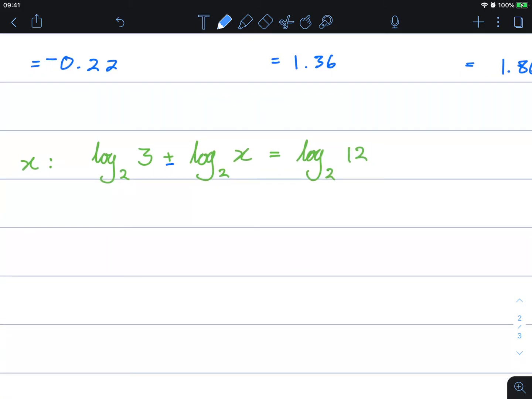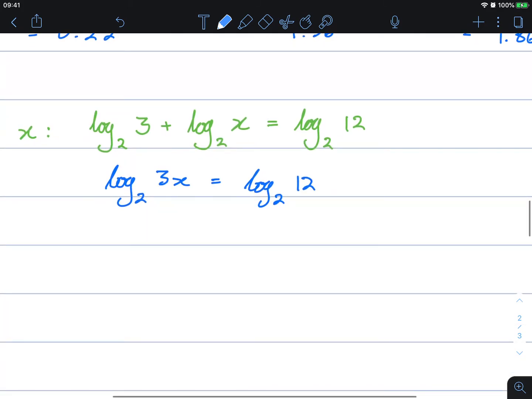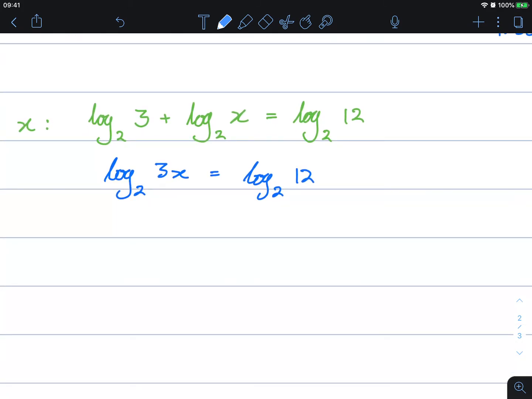Well, using our log laws, because it's the sum of two logs of the same base, we can actually make this become log base 2 of 3x is equal to log base 2 of 12. Now you can just see from observation, 3x and 12 should be the same. So 3x should equal 12. x should be 4. We've solved for x.